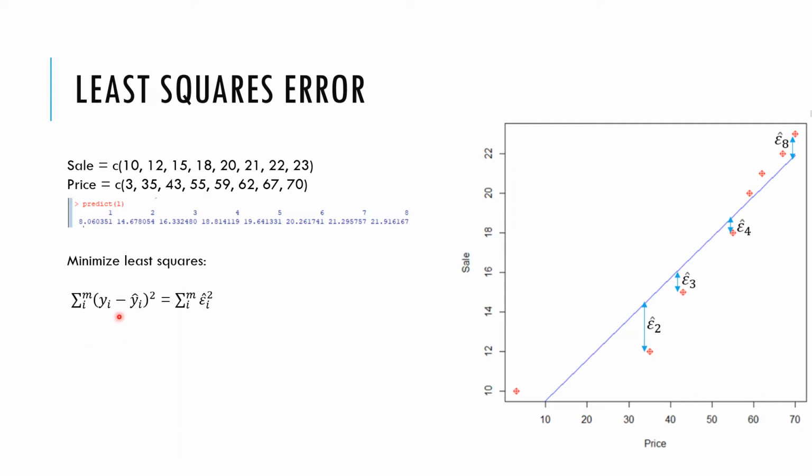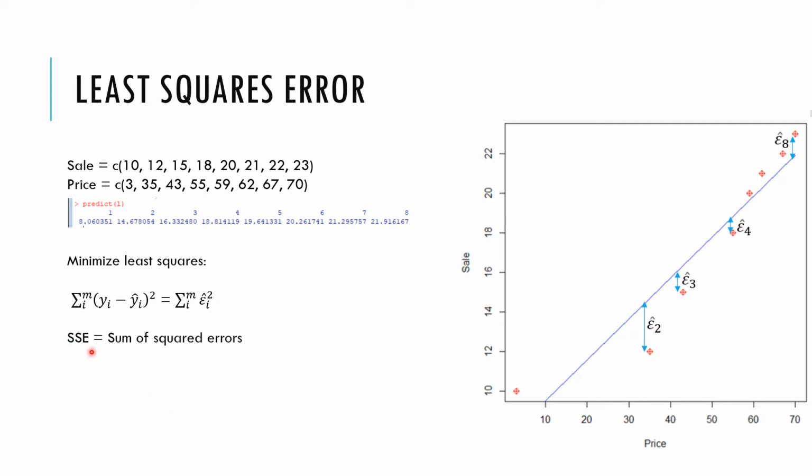So instead of minimizing the absolute value, we take the square of each error, sum them up, and then we try to minimize that. That's why it's called least squares error. We are squaring the error and then minimizing it. Least means we are minimizing that error, to get the best result.